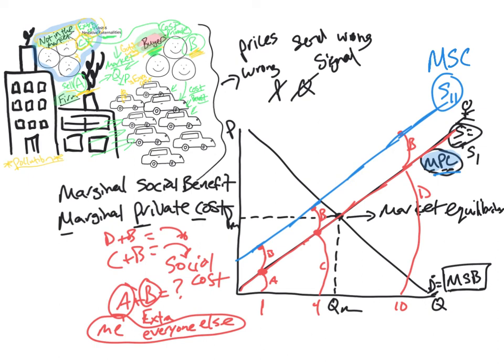All right, so let me try and erase some of these things. That's not going to work. I'll write it over here. So this is going to be the marginal social cost. So we have marginal social benefit, marginal private cost, and marginal social cost.